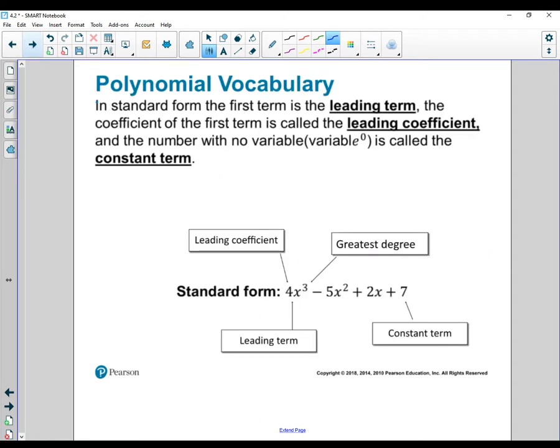Okay, here's the terminology. If you have something in standard form, so biggest degree first, a coefficient is something that's multiplied to a variable, so the leading coefficient would be what goes on the first variable there. Leading term.